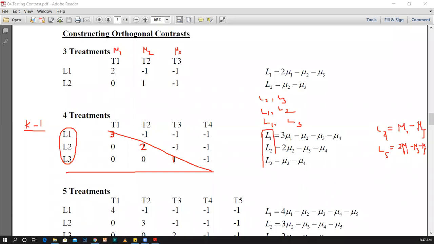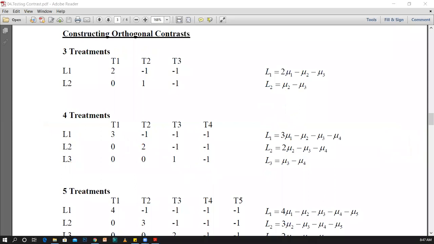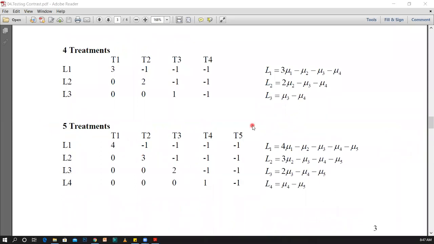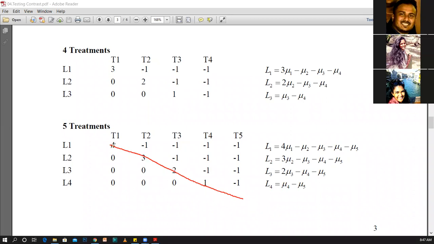For five treatments, we can define it in the same way. The diagonal should start from 4, since with 5 treatments there are only 4 contrasts, then the next diagonal 3, 2, 1, and all the elements below the diagonal are 0.